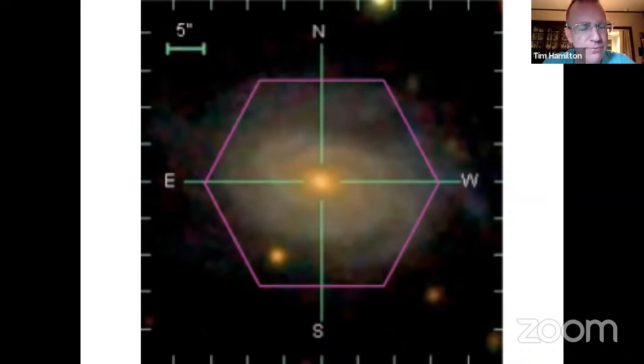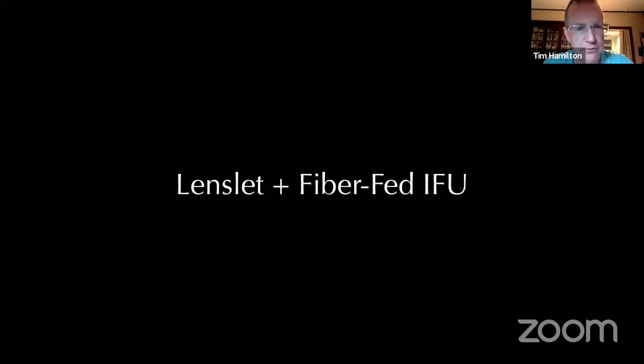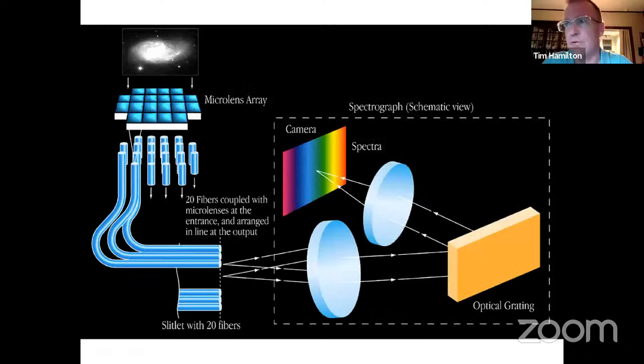Now, you could focus the light directly onto the ends of the optical fibers. A second method related to this is to use an array of what are called lenslets, that is, small glass lenses, to focus the light onto each fiber separately, and then to run it through the fiber-fed integral field unit.